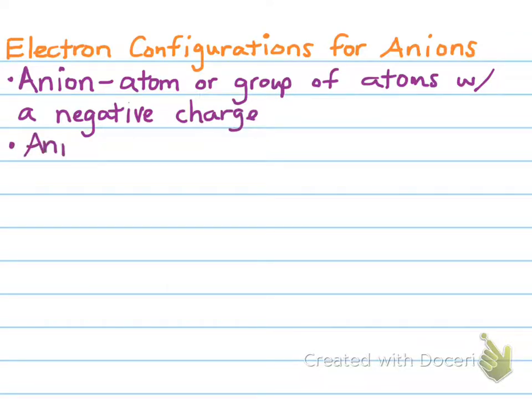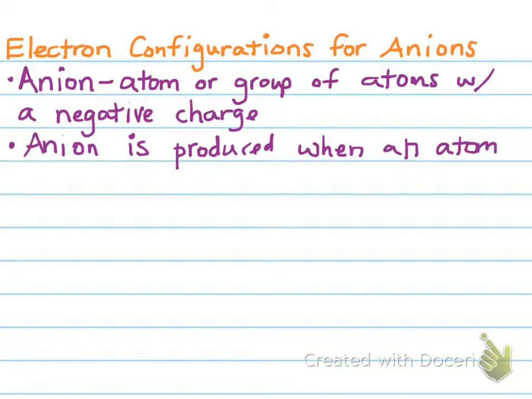An anion is produced when an atom gains one or more valence electrons.